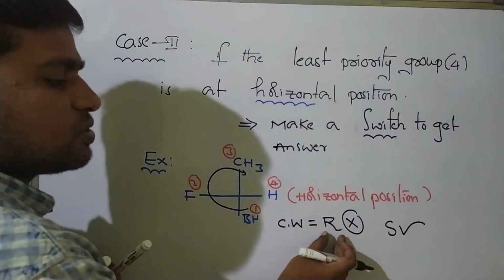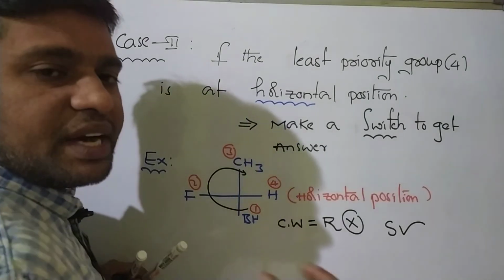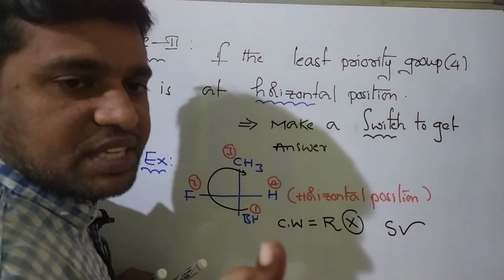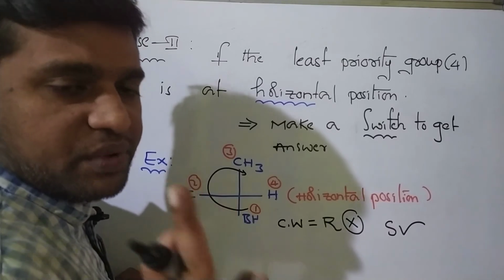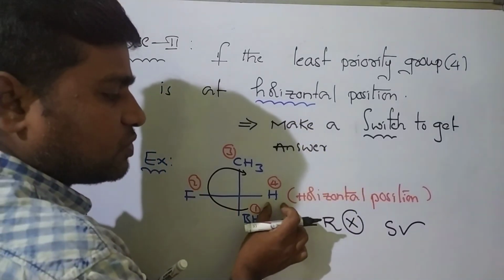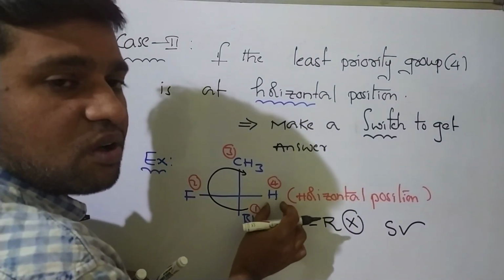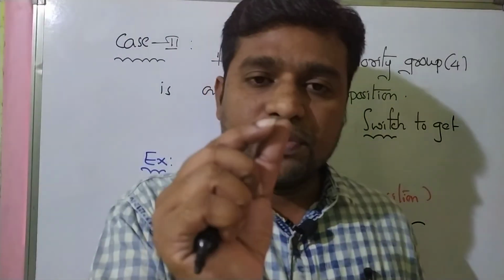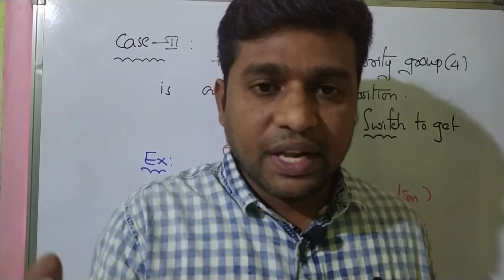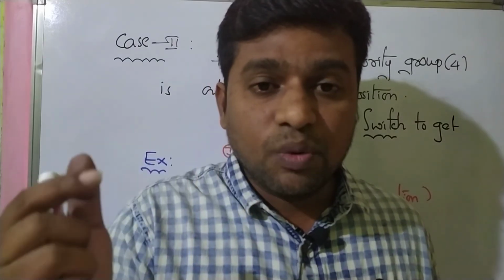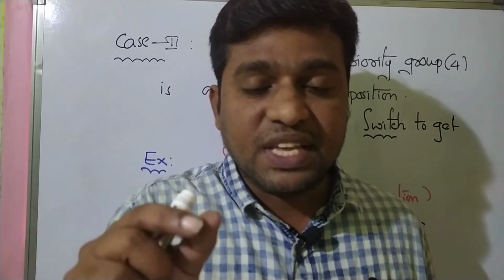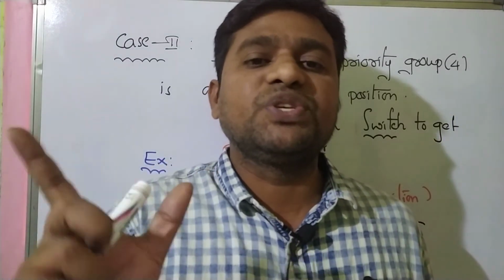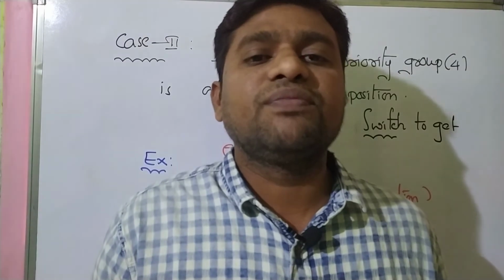Understanding? Suppose you get anti-clockwise rotation, means yes, but the answer is rectus, when the fourth priority group is at horizontal position. Once again, students, if the fourth priority group, means the least priority group, is at a horizontal position, we must do switching, then we will find the answer.